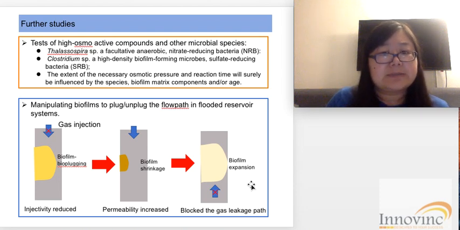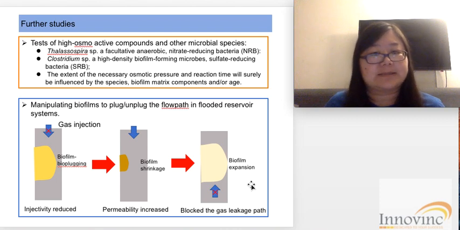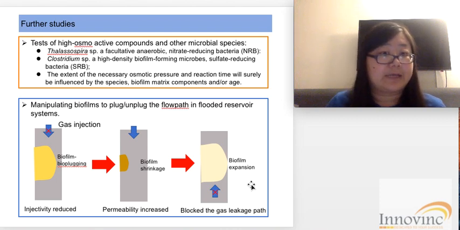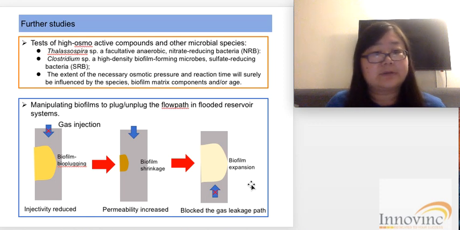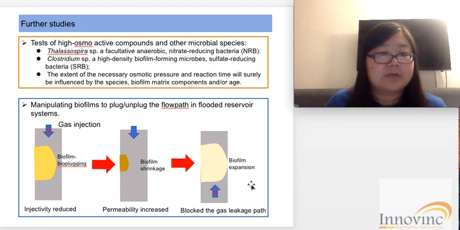Another aspect we want to study is using this method to manipulate biofilm to plug or unplug the flow paths in flooding reservoir systems, like gas reservoirs for CO2 storage. During gas injection, the biofilm can grow and plug the injection path, which causes injectivity reduction. But if we could inject a high salinity solution to make the biofilm shrink, the permeability will increase.